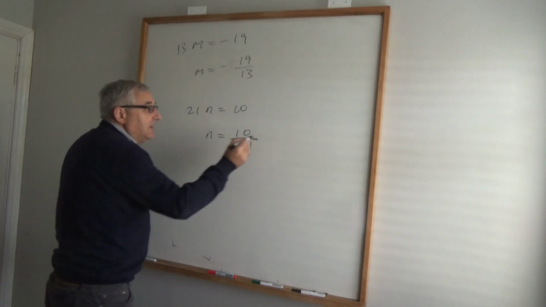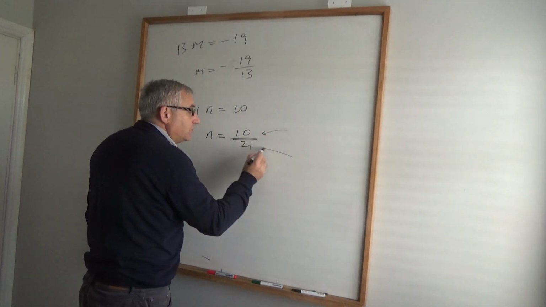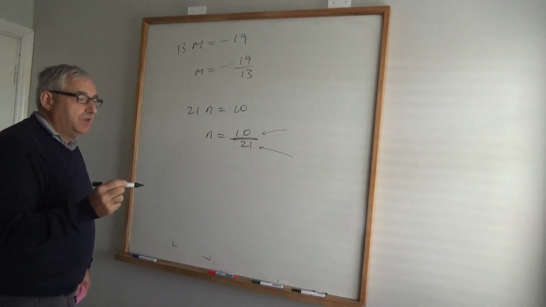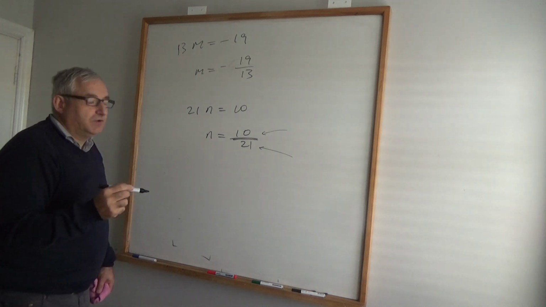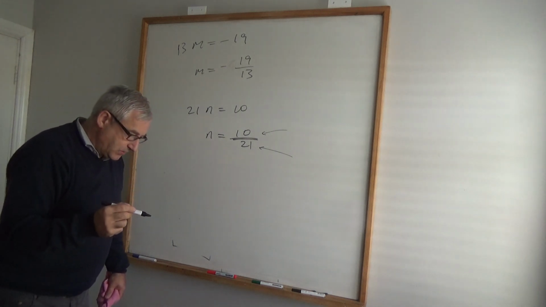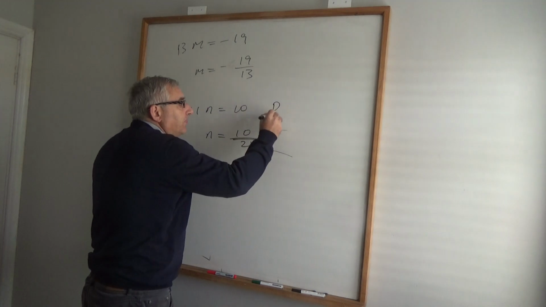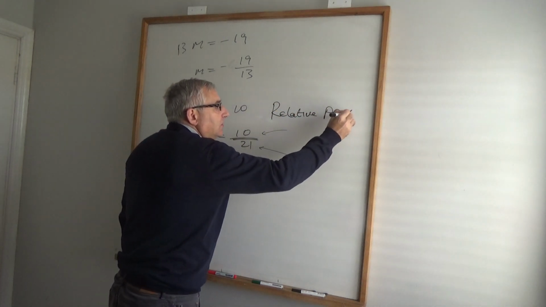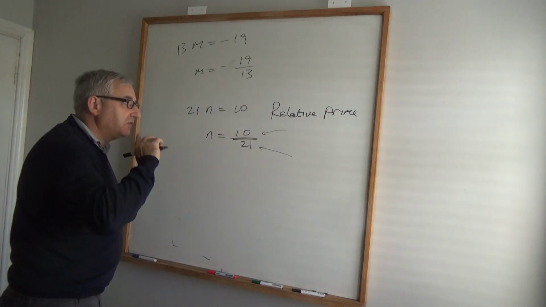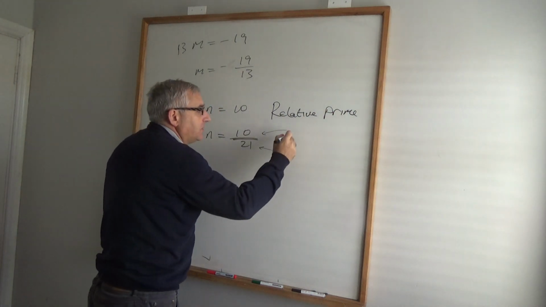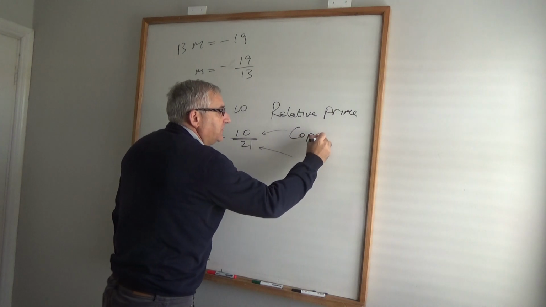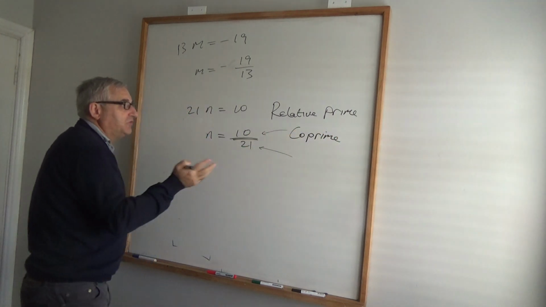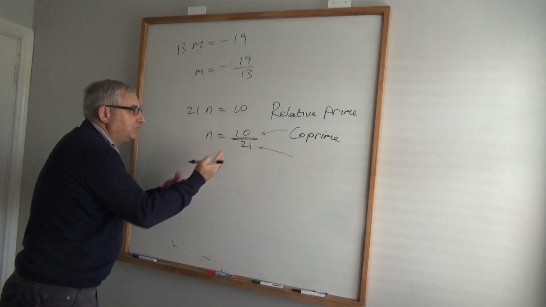These are called coprime. There's other words for that as well. Coprime, relative prime. And there's another one, can't think of it right now, but relative prime and coprime mean they're essentially prime to each other, they have nothing in common, and in other words this won't reduce.